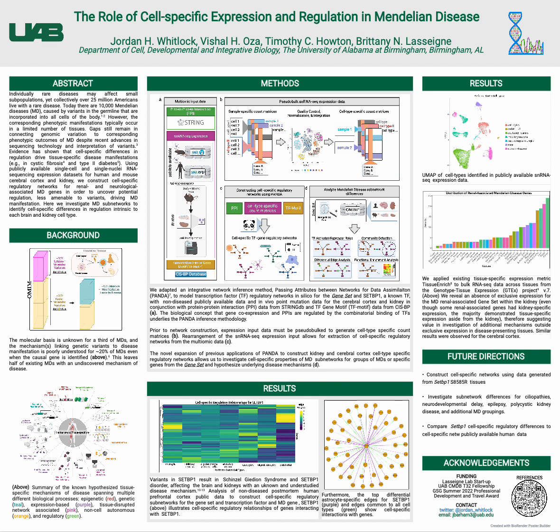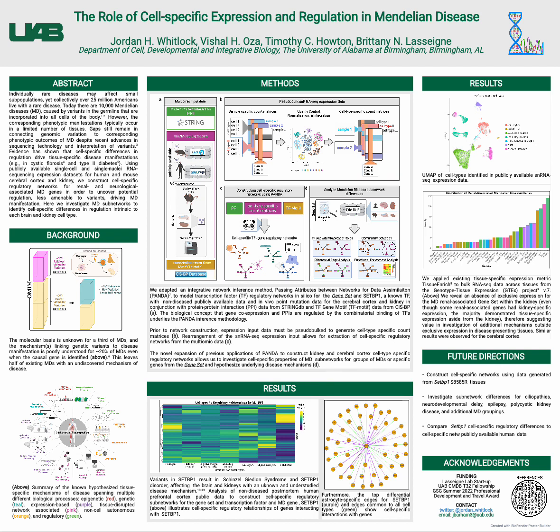And so using 3 different multi-omic input data types, protein-protein interaction data from STRING, single nuclei RNA expression sequencing data from publicly available databases for human and mouse, as well as data that we have generated ourselves, and transcription factor motif information from the online database referred to as CIS-BP, we take those 3 inputs and construct cell-specific regulatory networks using a regulatory inference approach referred to as PANDA.